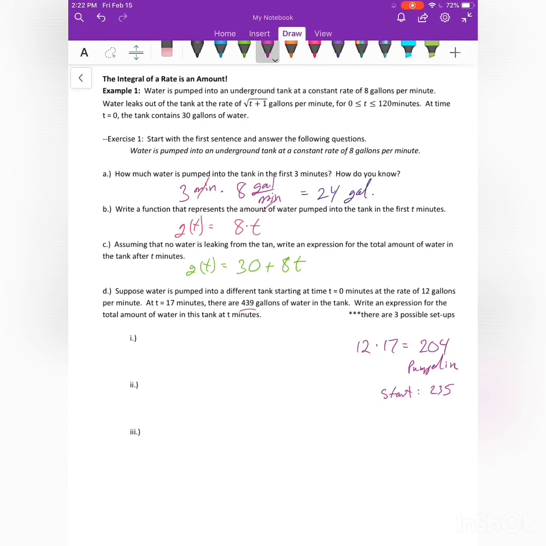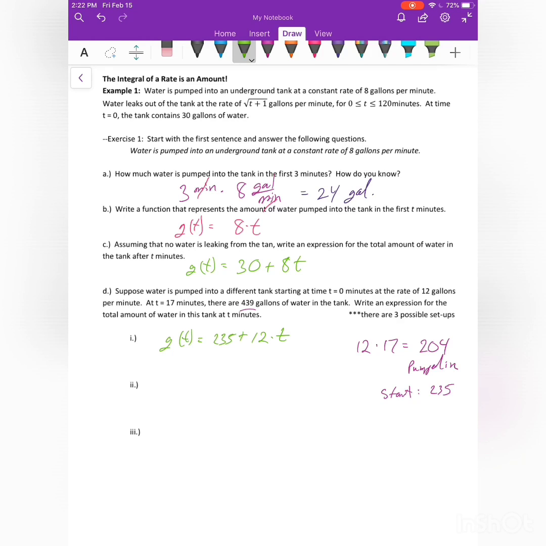So we could do something similar to that green equation there, and say G of t would be the starting amount, which we calculated to be 235, plus the rate in, 12 this time, times any time. And that is an equation that will tell us at any time how many gallons are in this tank being filled up with water.